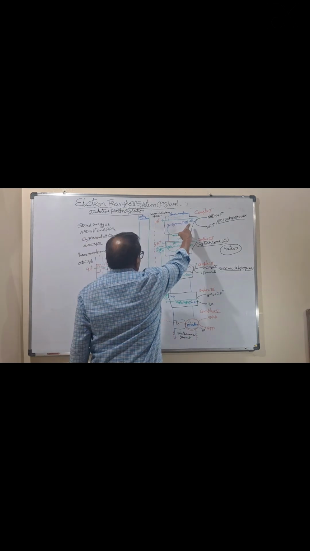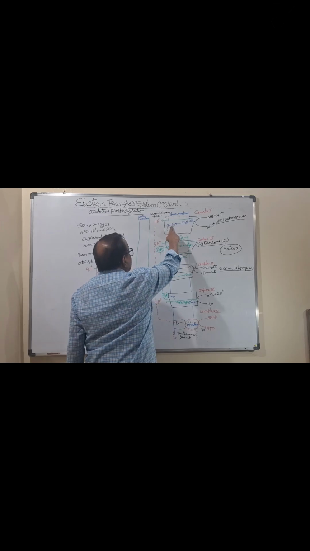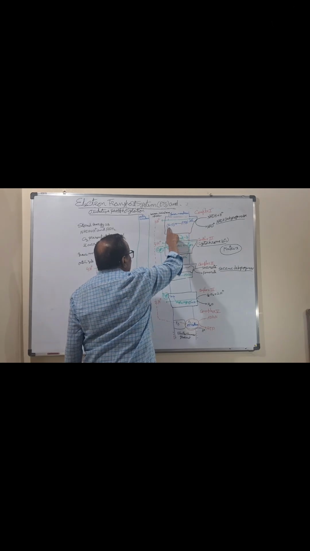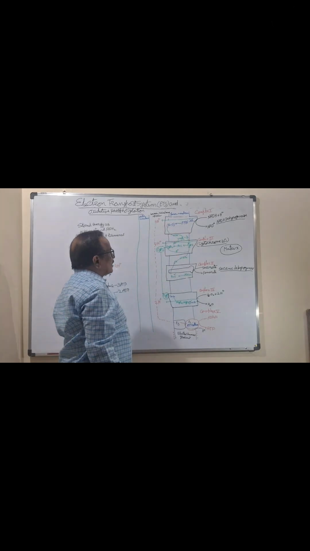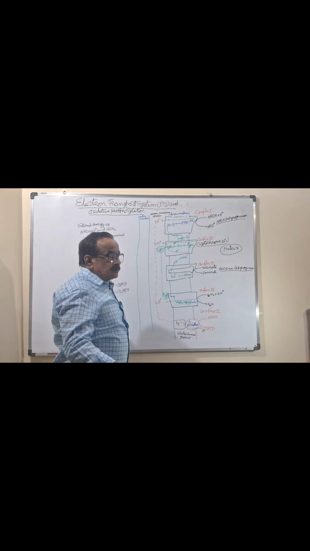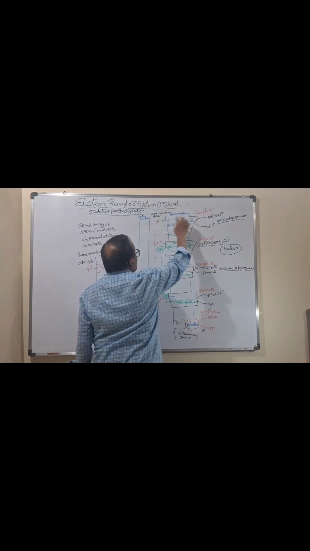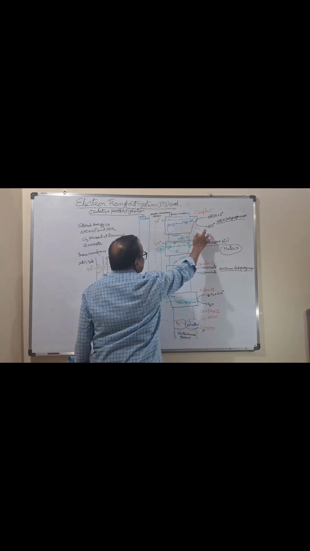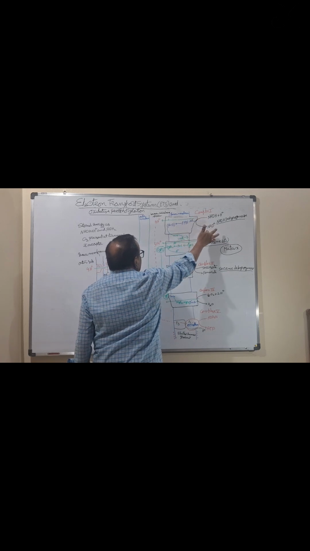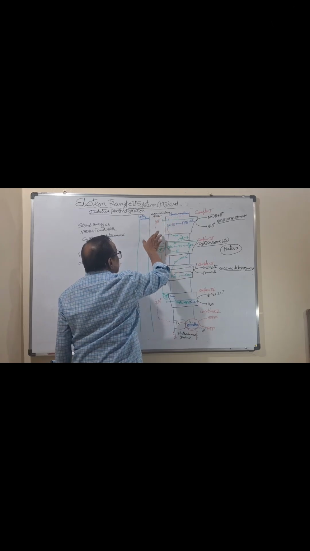Those high kinetic energy electrons are received by the iron sulfur complex. Whenever FMN passes the electrons to the iron sulfur complex, which is present in complex 1, the electron energy is used for pumping the protons from the matrix, which is inside the inner membrane, into the inner membrane space, the place between the outer membrane and inner membrane.